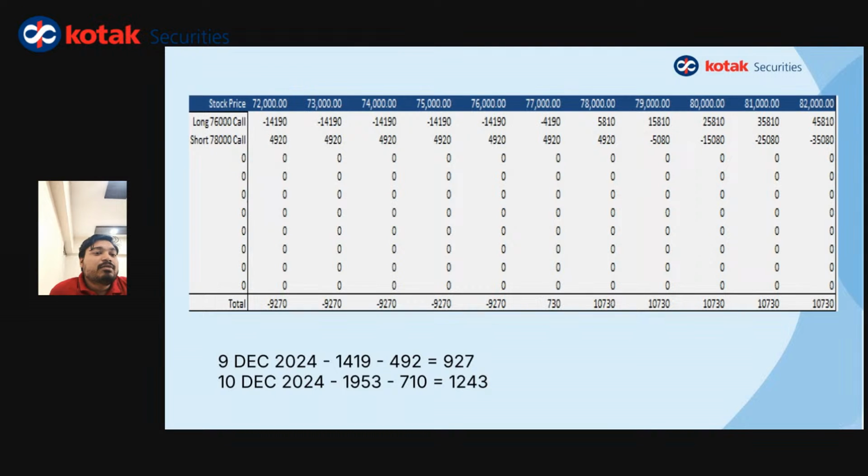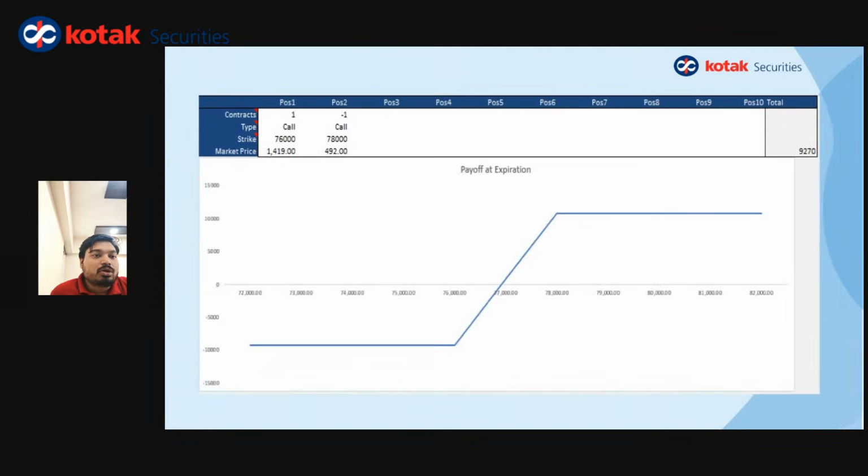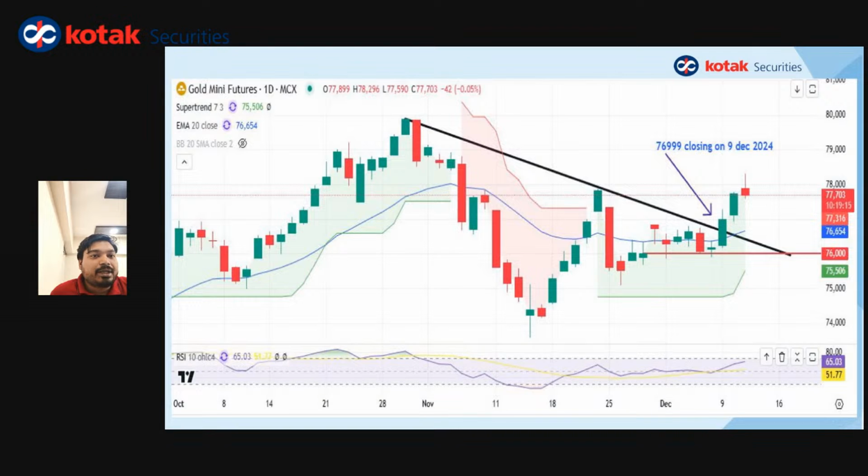Now let's say we have just taken a BTST call, like buy today, sell tomorrow, just for one day. Now see the scenario. On the second day, gold opened gap up and moved higher. Even today it opened gap up and moved higher, but I am not considering today's move.